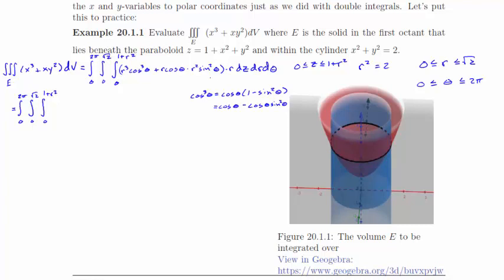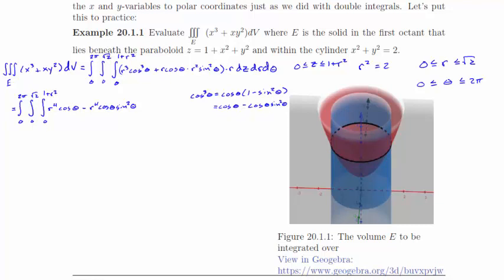That's going to allow us to do a little bit of a combination here. So this is r to the 4th times cosine of theta minus r to the 4th cosine of theta sine squared of theta. That's all from that cosine cubed and us taking the r to the 4th from the r cubed and the r and distributing it across these two.